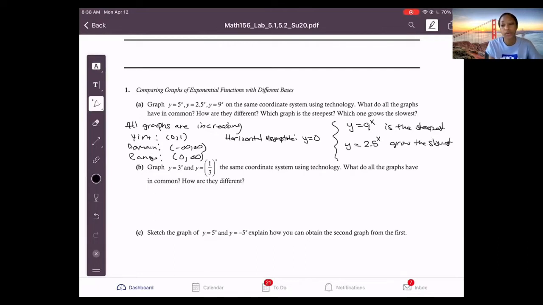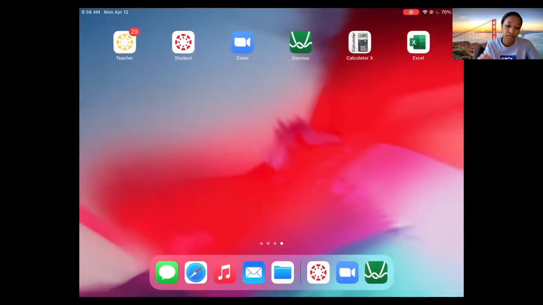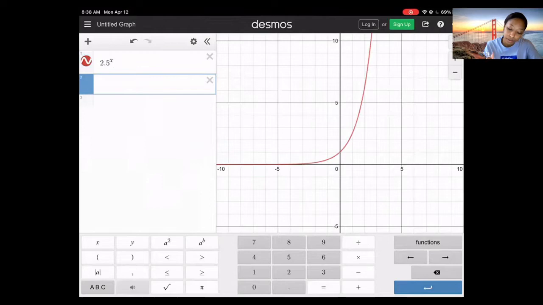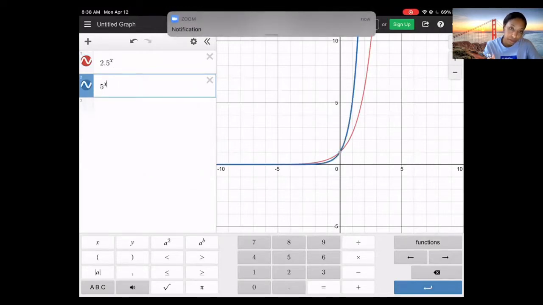And just really quickly, we'll graph all 3 of these together. 2.5 to the x power. What was the other one? 5 to the x power. And last one is 9 to the x power.